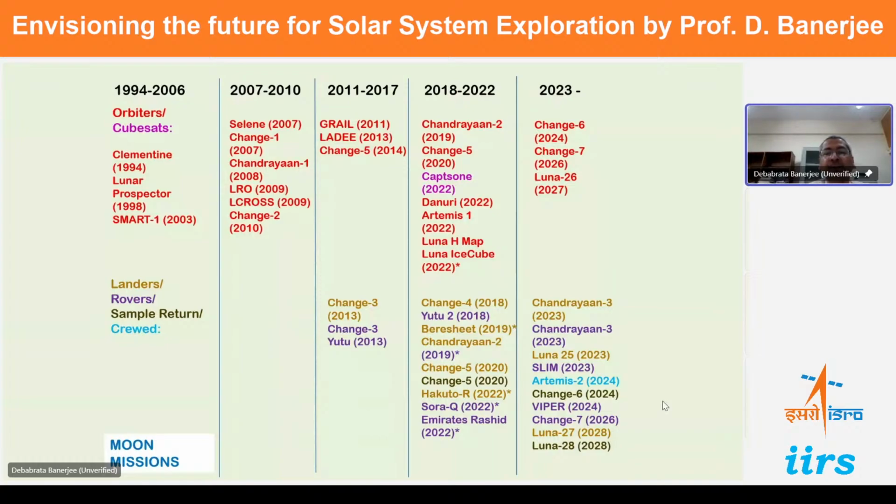This shows you the interest in the moon. Okay, just see from 2018. I have not listed the Apollo and lunar missions here. Just see the growing interest in the moon because everybody wishes to go to the moon. And I can assure you there will be China, India, the US, and possibly Russia on the moon.